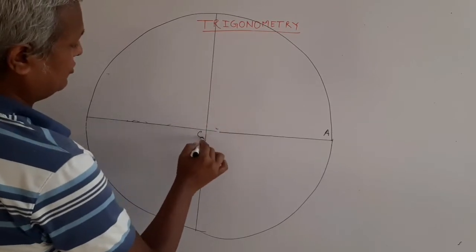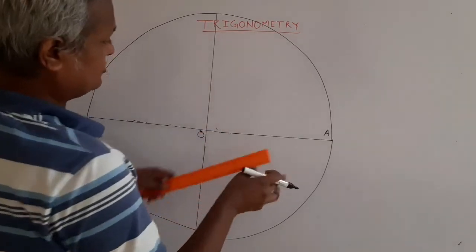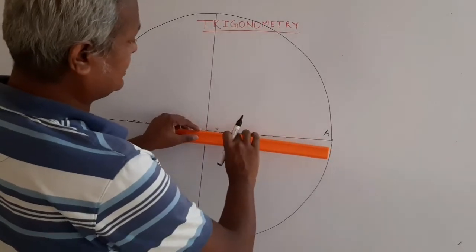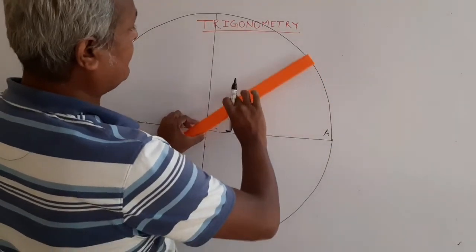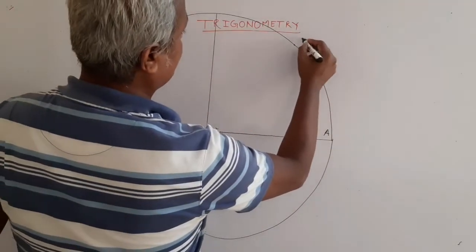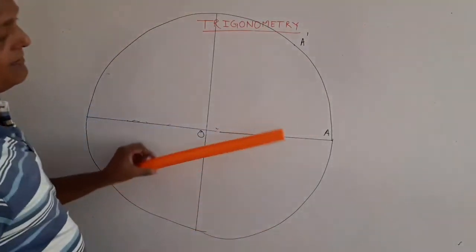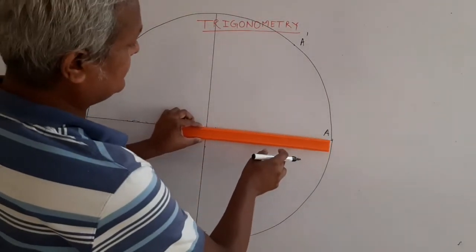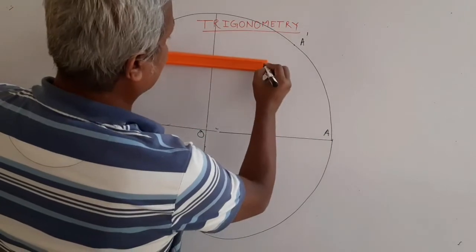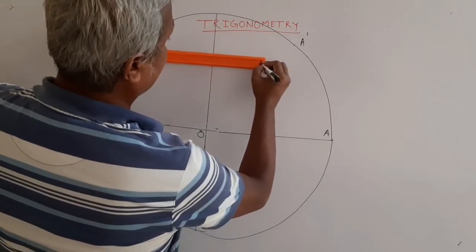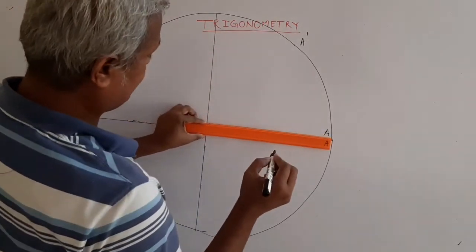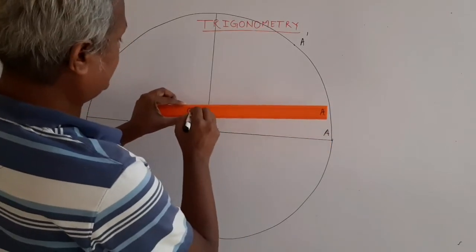Now, OA is the rotating line. When A comes here, I name it A dash, meaning it's the same point A, but it has come from here. Suppose I write A here and O here.